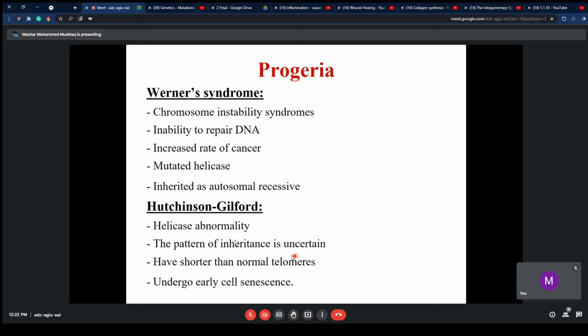Then you will understand the function of the telomerase more. So the cell undergoes senescence at an early stage, and the phenotype would be like progeria, that is, at an early age the individual looks very old.